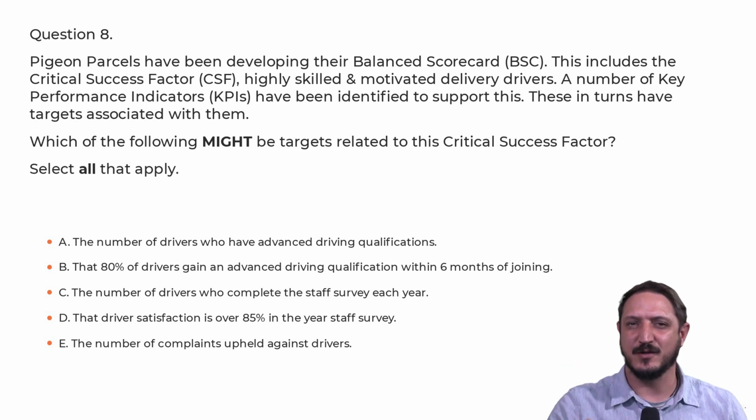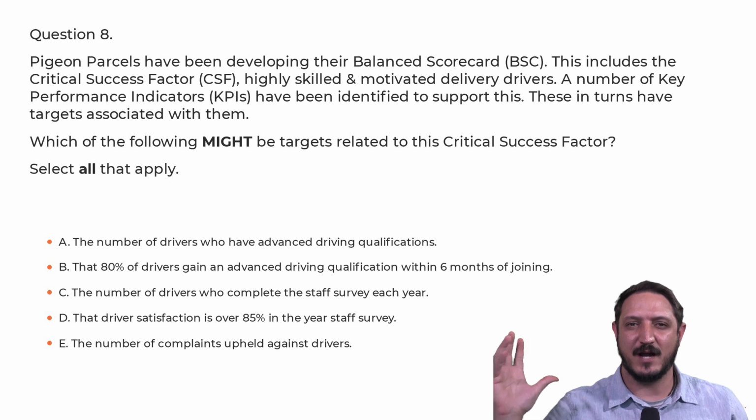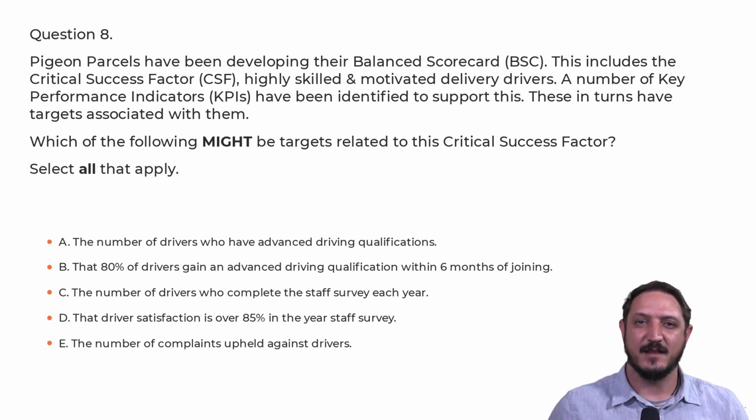Sometimes, if you're carrying out a balanced scorecard of your current strategy, you might identify certain projects that aren't relevant anymore, and you might want to take those off your scorecard.